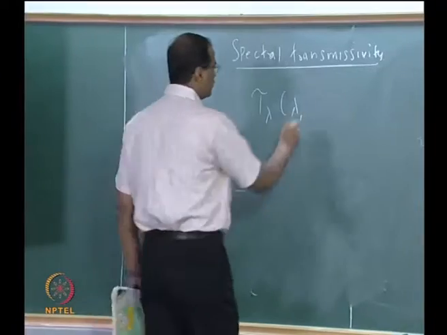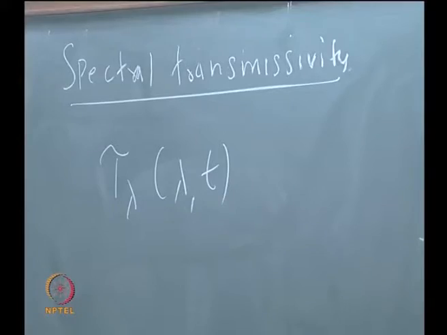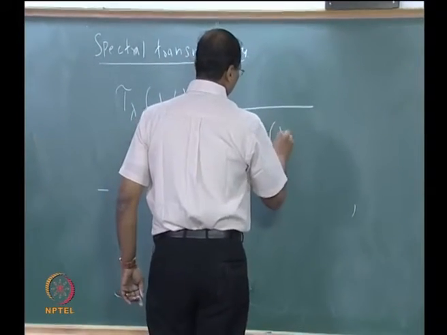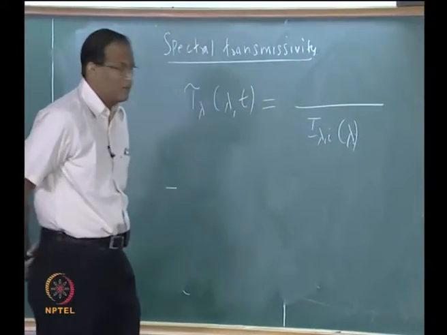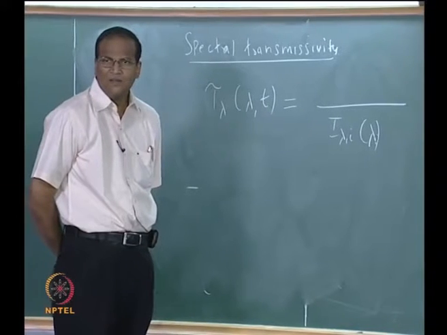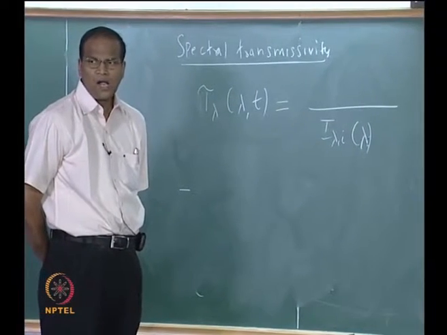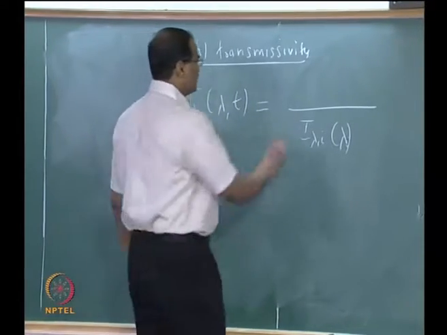T. Okay, you want to use T. So it is basically I lambda transmitted in the numerator, I lambda incident in the denominator.